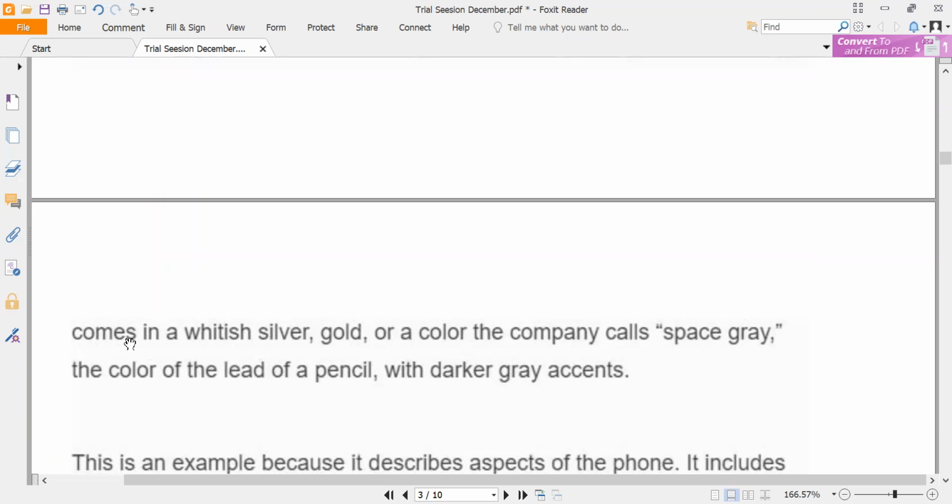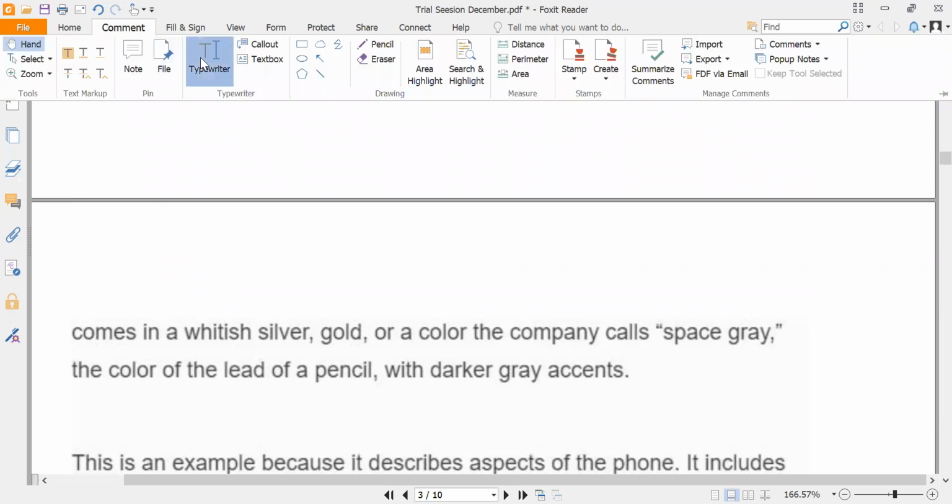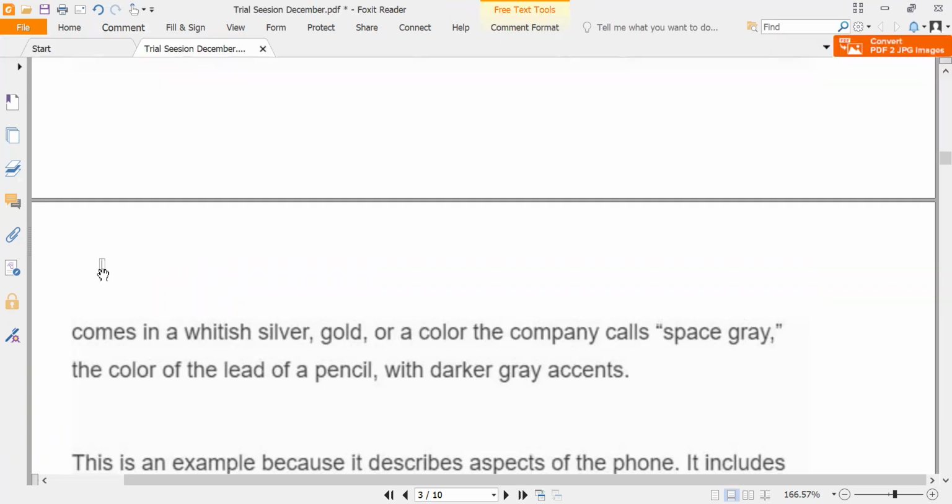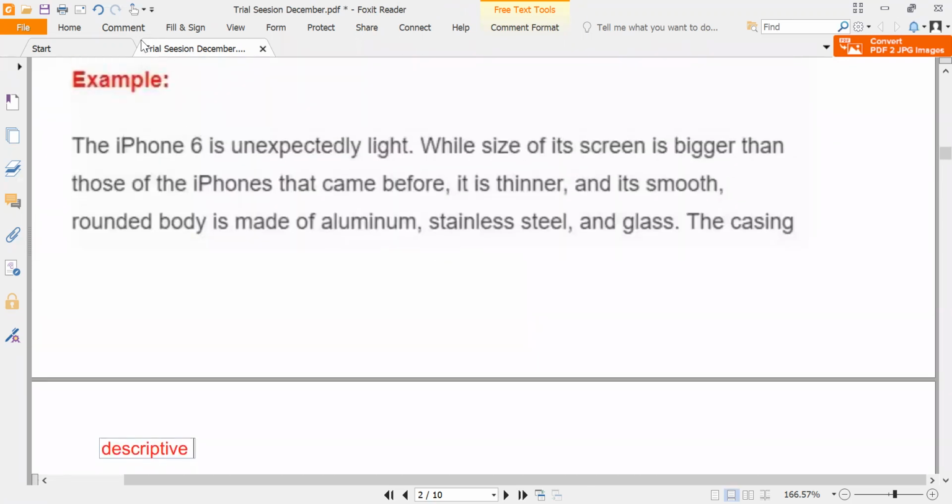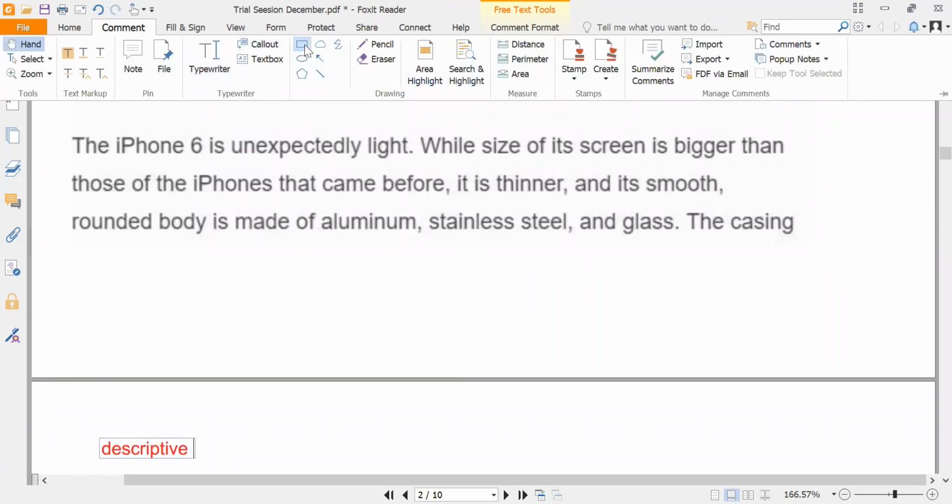Do you think this text is what? It is description. Exactly, because it's describing what here? The shape of the iPhone. Exactly. He used multiple adjectives here, right?